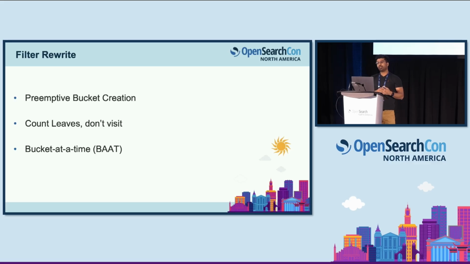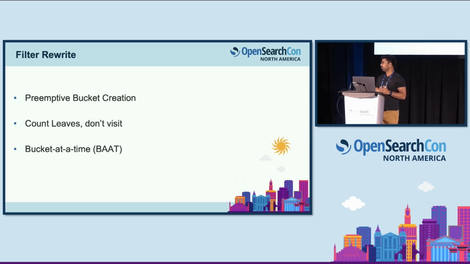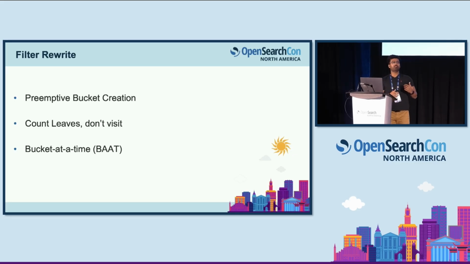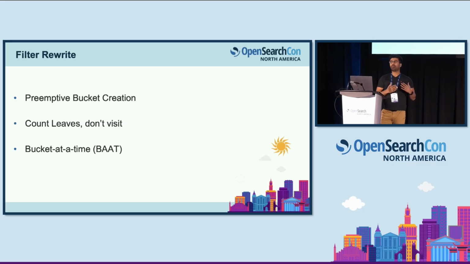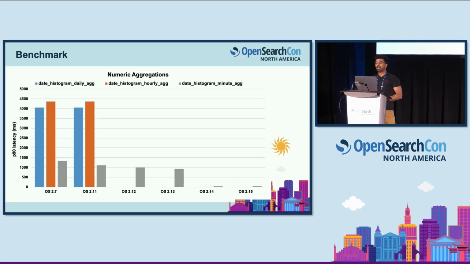We counted the leaves. We try to skip as many as possible. But we do all these things one bucket at a time. So let's say if you are requesting 1,000 buckets, then we will do this exercise 1,000 times. And that is exactly what happens.